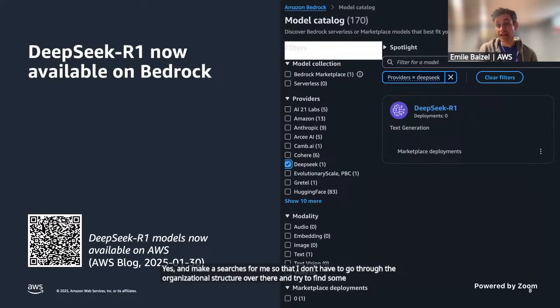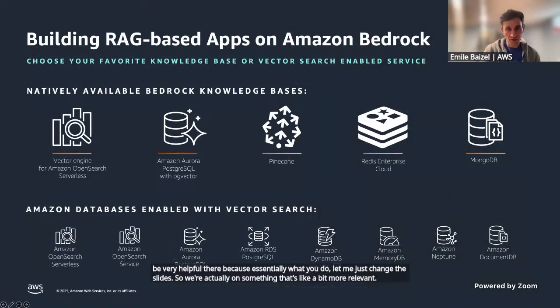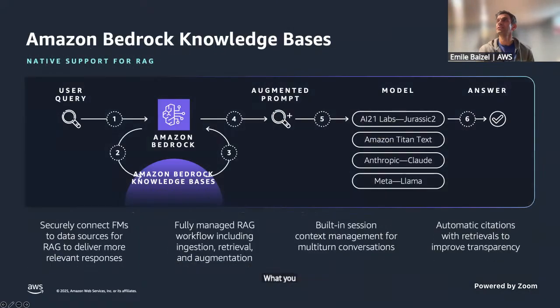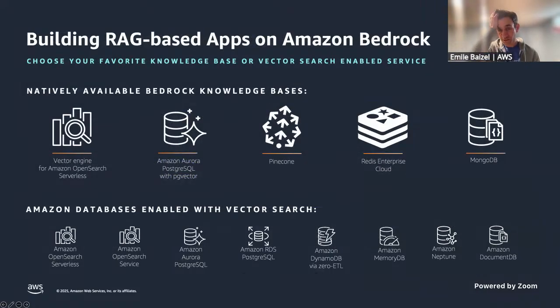Yeah, that's exactly where knowledge bases with web crawlers would be very helpful. Let me just change the slides so we're on something more relevant. What you would do is set up a data source for your knowledge base, and your data source would be a web crawler.